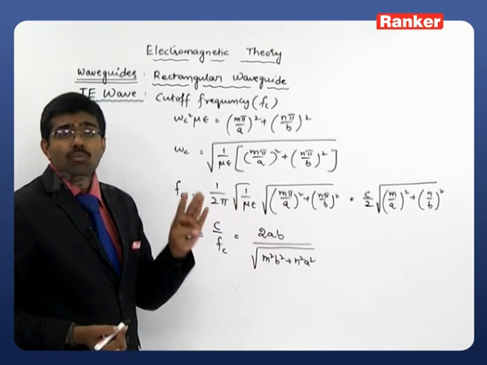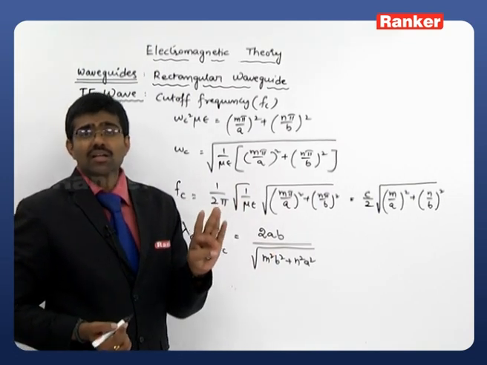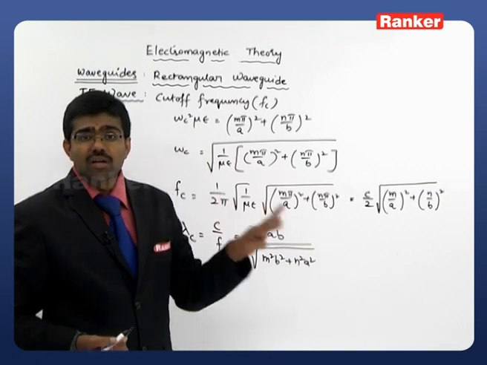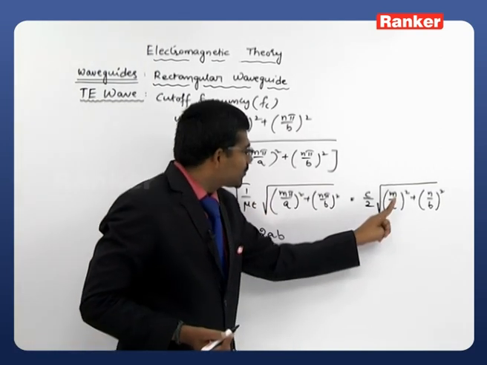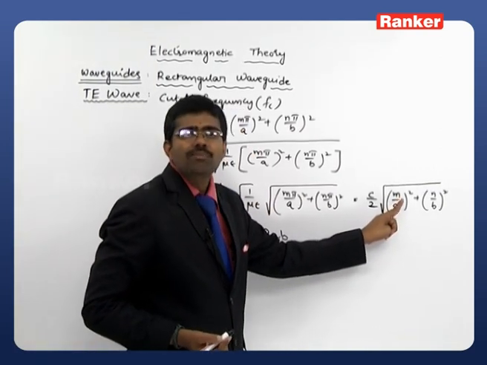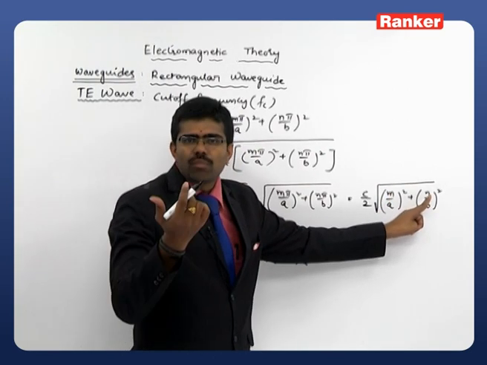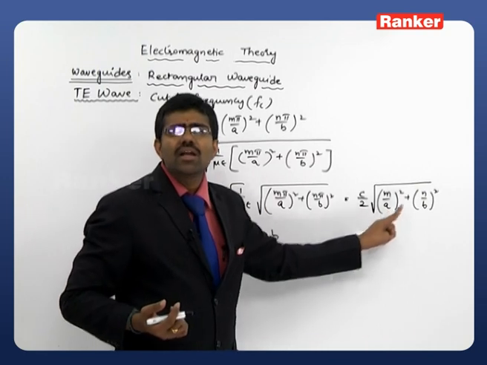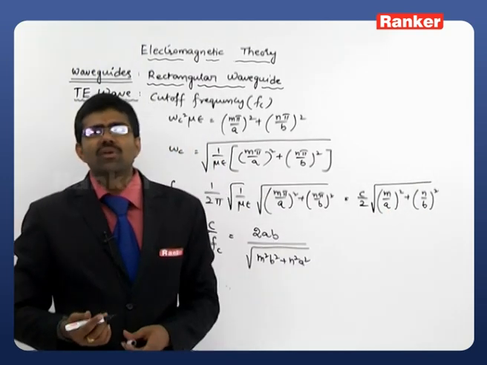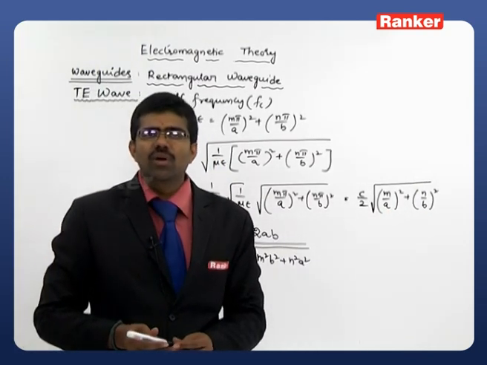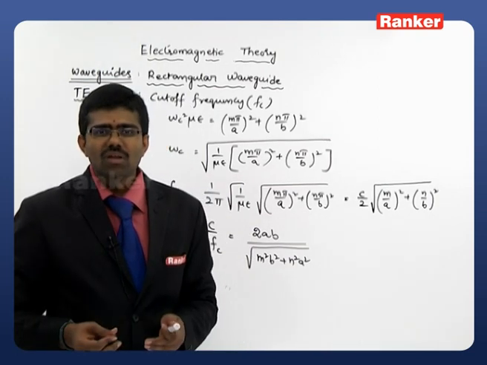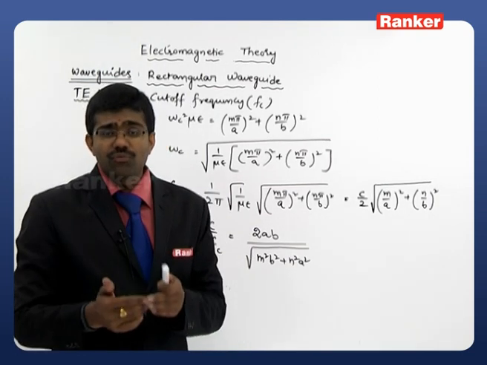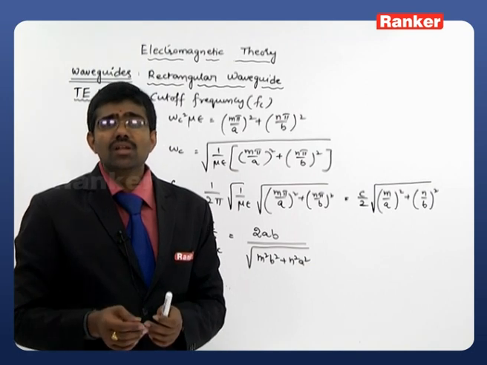For every mode, different cutoff frequencies will be there. Clearly observe that the cutoff frequency depends purely on m and n, the mode numbers. The cutoff frequency also depends on the dimensions of our rectangular waveguide, a and b. So if we vary the dimensions of the waveguide, the cutoff frequency will vary, and if we vary the type of wave, the cutoff frequency will also vary.